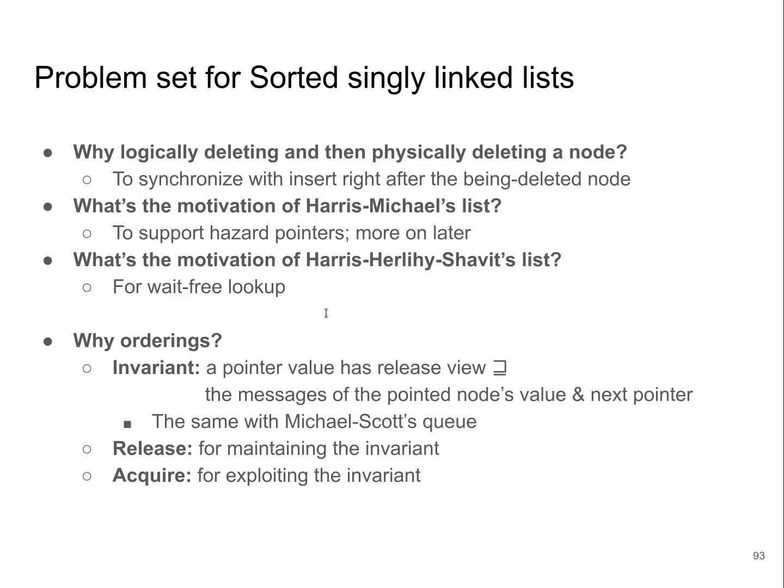So in order for this dereference to be sound and see the latest value, we need to acquire this pointer. Because this is acquire, we know the latest value of this next node's value and the next pointer. That's the reason why, when it becomes the next current pointer in the next iteration, we are going to safely dereference the current node and its key. So that's basically the reason why we need to make it an acquire.